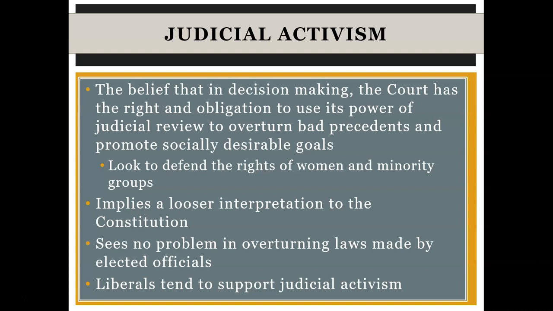They also kind of view the Constitution more as an outline or a suggestion, and they believe there's a lot more wiggle room for actions by the government within the Constitution. Whereas judicial restraint says, okay, it says government shall not infringe upon people's right to own a gun. That's pretty clear. You can't have over the top gun regulations.